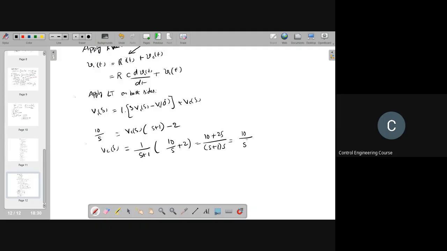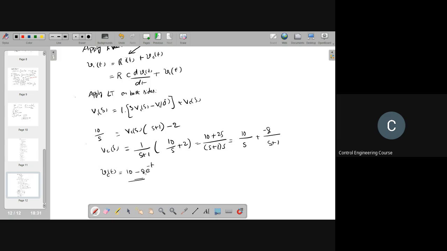For the s plus 1 term, put s equal to minus 1, so that means (10 minus 2)/(minus 1), that is minus 8. So Vc(t), the voltage across the capacitor, is 10 minus 8 e to the power of minus t. This is the application of Laplace transform to solve differential equations.